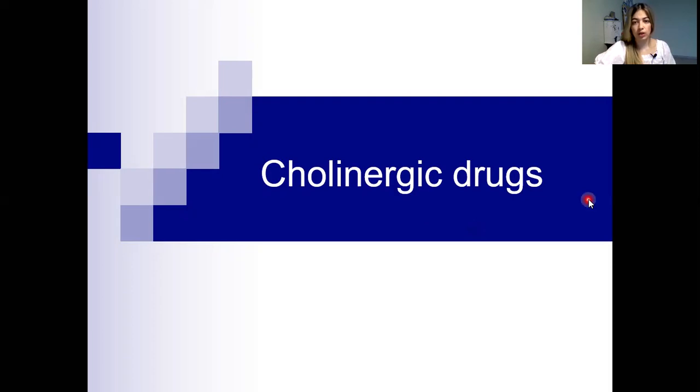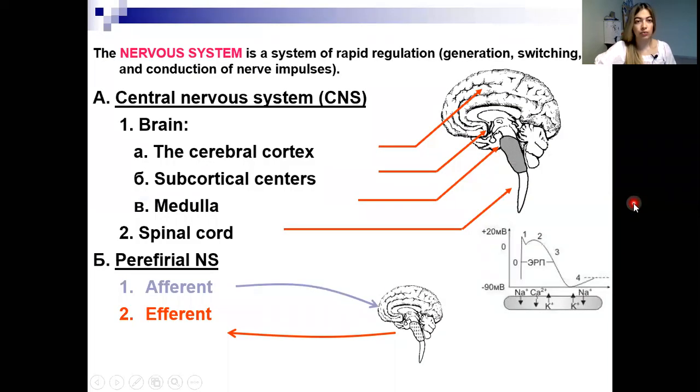So let's start now. And firstly, let's remember what we have in our nervous system. There are two big parts: the central nervous system, which includes the brain and the spinal cord, and also the peripheral nervous system. The peripheral nervous system is classified into afferent and efferent.